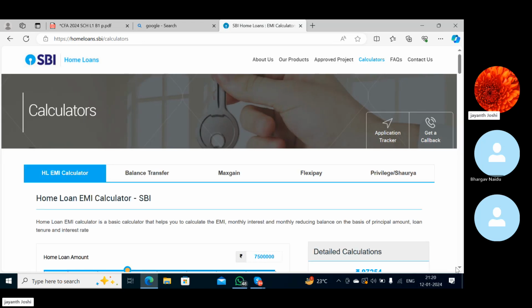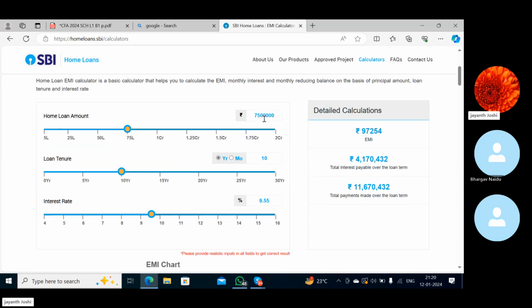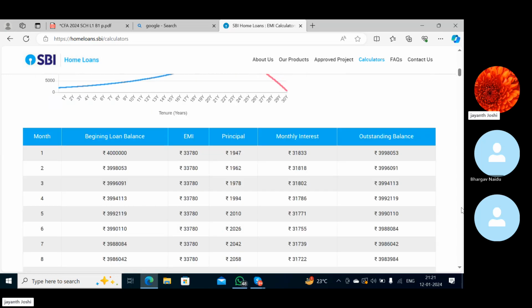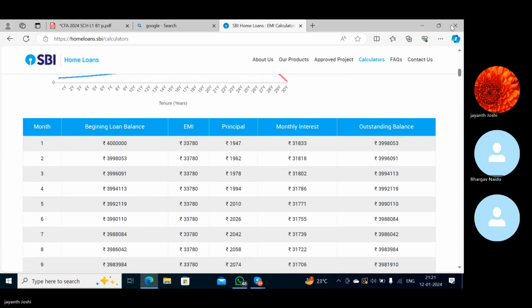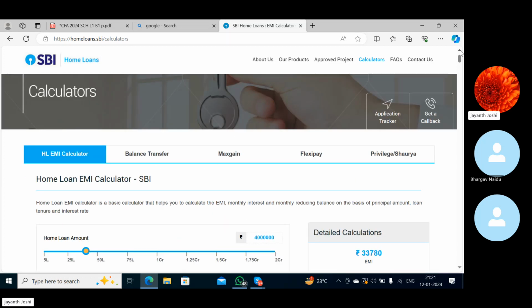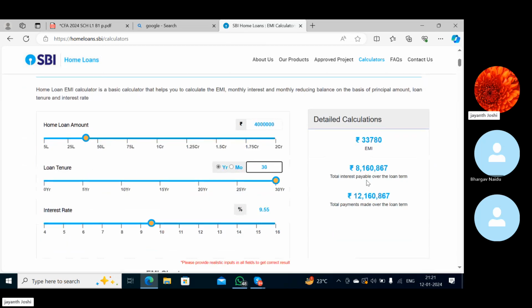I wanted to explain to you the concept of an amortizing loan. So an amortizing loan goes in this way. This is 40 lakhs for a span of 30 years. If I take an interest of 9.55, I see that I am paying an interest of 81 lakh 60,867.